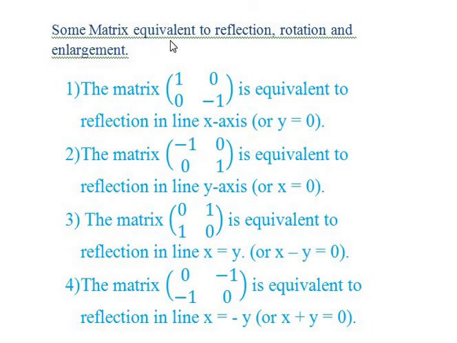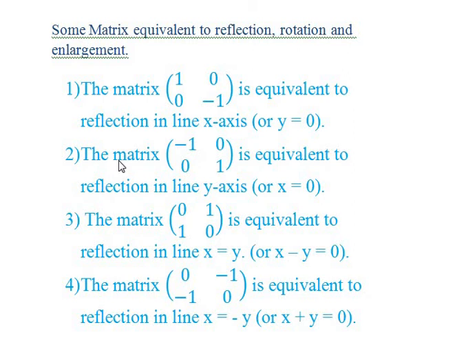Now we have some matrices equivalent to reflection, rotation, and enlargement. The first one, the matrix (1, 0, 0, -1), is equivalent to the reflection in the x-axis, or the line y equal to 0.